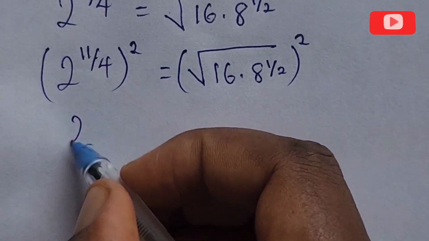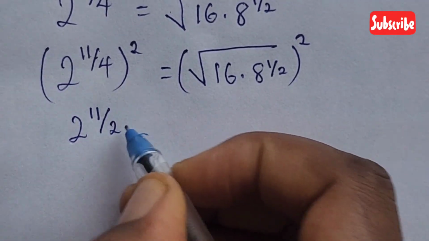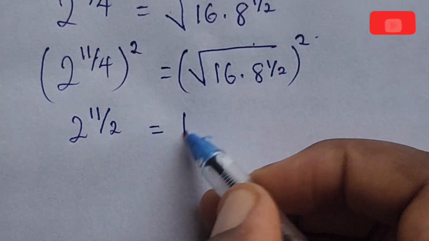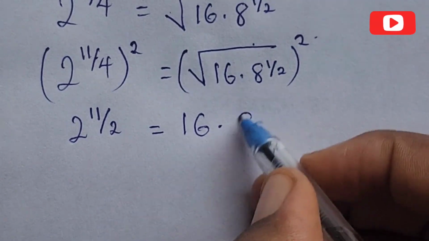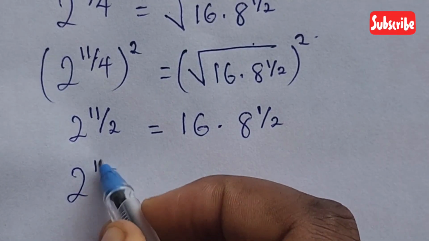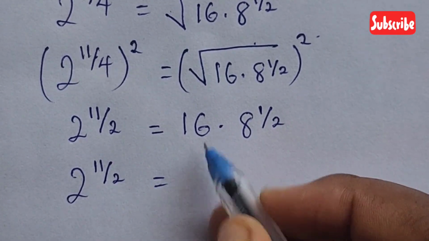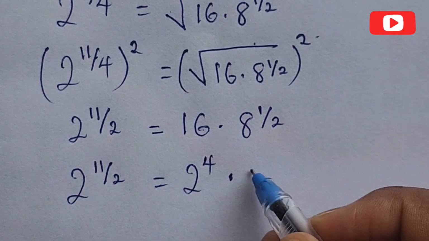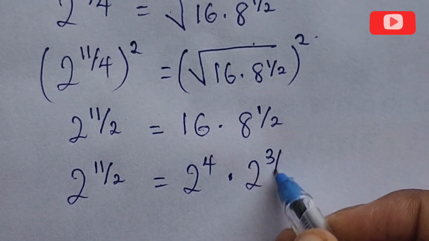Multiplying these powers here, we have 2 to the power of 11 over 2, and is equal to this. We cancel this, and we have 16 times 8 to the power of 1 over 2. We have 2 to the power of 11 over 2 is equal to, our 16 is 2 to the power of 4, times 2 to the power of 3 over 2.